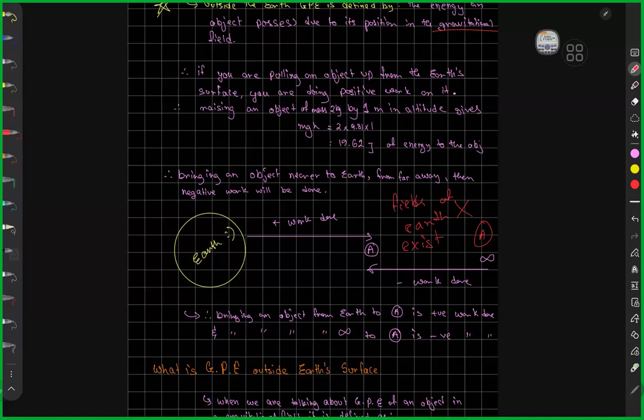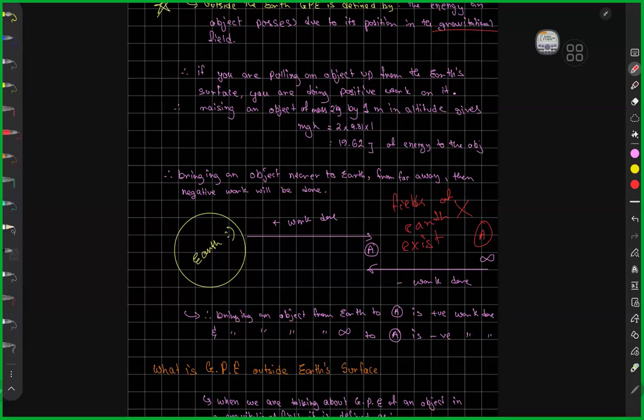That's why it's infinity. Basically, really far away from Earth, at the theoretical infinity, does Earth have any field line over there? No.